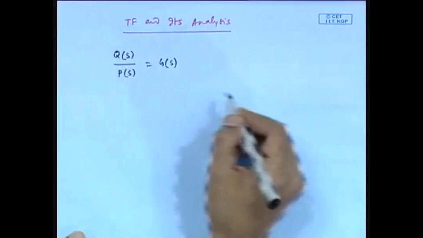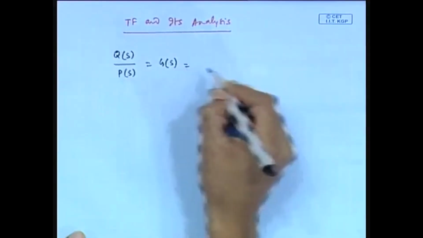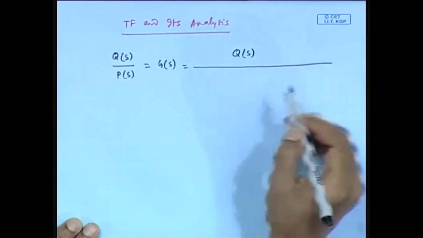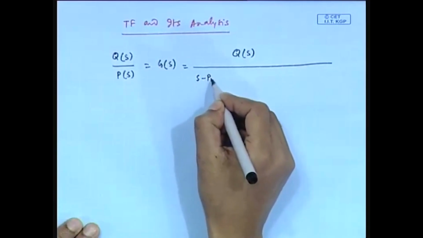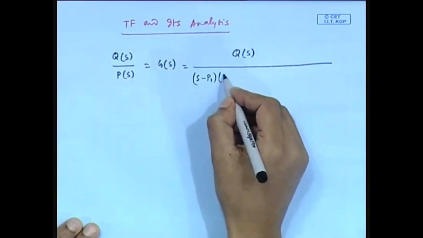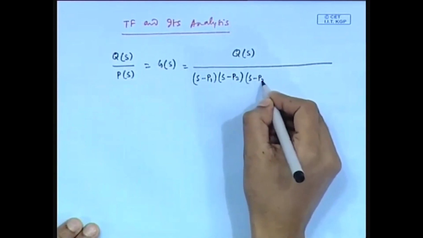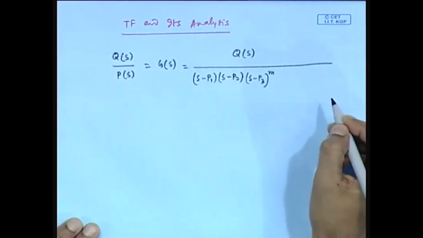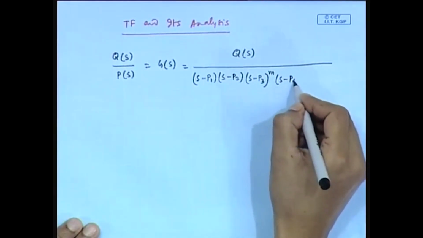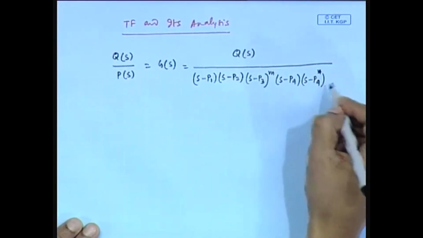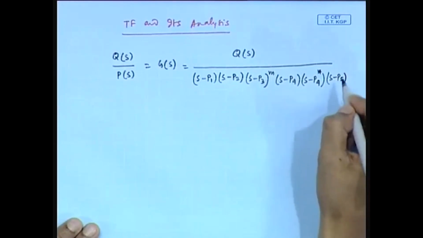Now, we will take one general form of this transfer function, that is represented by this equation: Q(s) divided by (s minus p_1), (s minus p_2), (s minus p_3) whole to the power m, (s minus p_4), (s minus p_4 star), (s minus p_5).